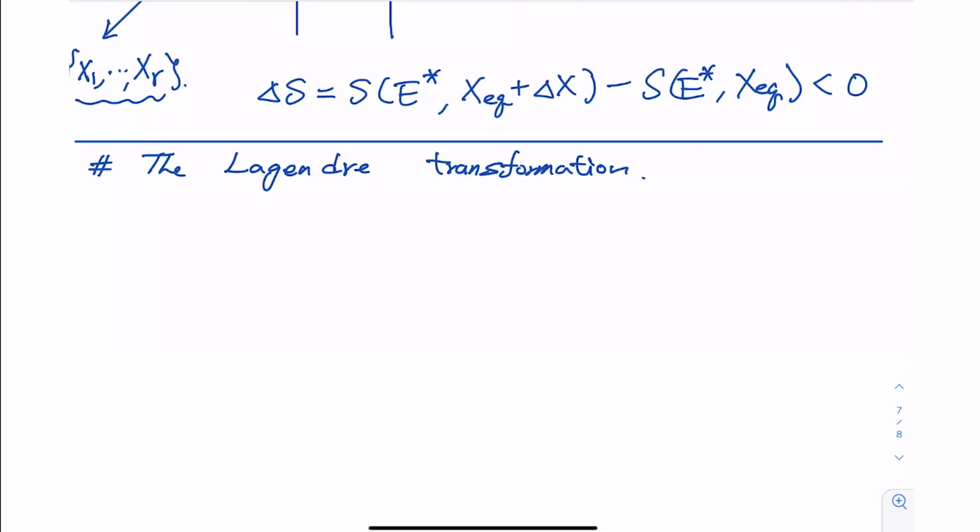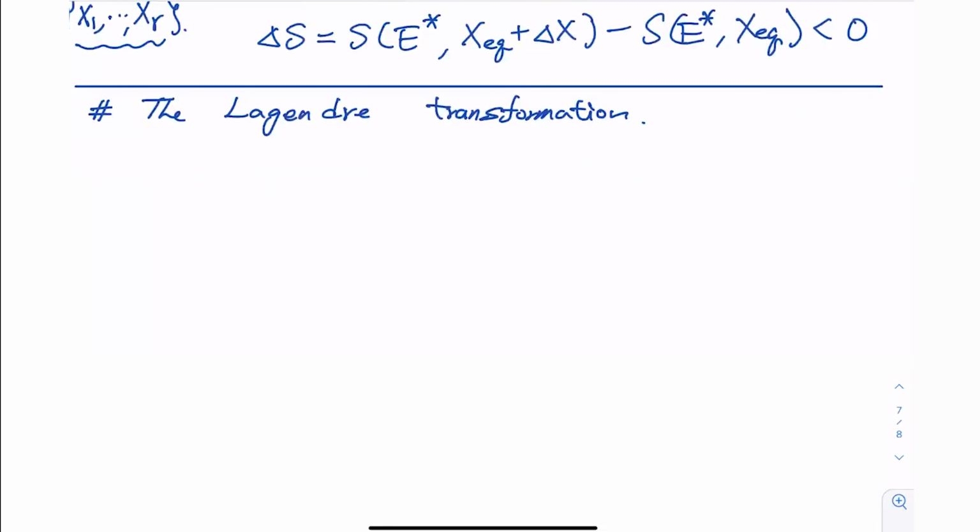One of the very important ideas of the Legendre transformation is that we are doing a change of variable. Here I'm going to give you a very intuitive understanding of what kind of variable we are using and why we are changing that.